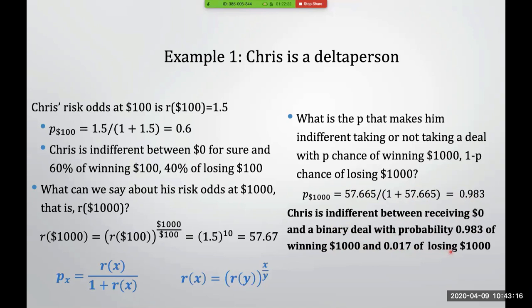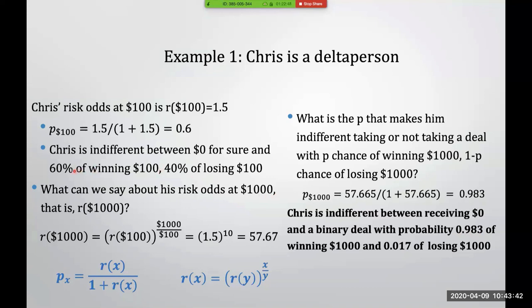As you can see, in order for Chris to take a deal that has a higher stake of $1,000, you will have to give him a deal with the probability of winning higher than 98.3%.